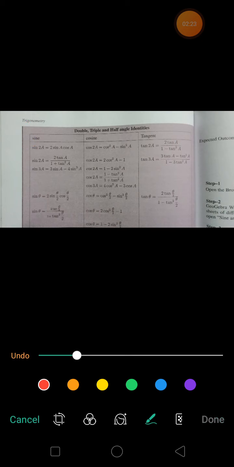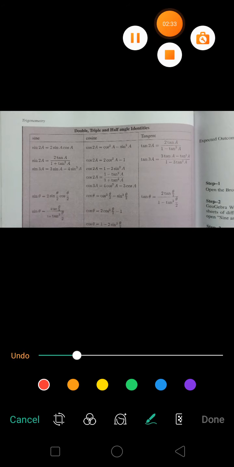Because tan theta I can write as sin theta by cos theta. So opposite side divided by hypotenuse, divided by adjacent divided by hypotenuse. So hypotenuse gets cancelled, and you will get the tan theta value. Sin theta value we know: opposite divided by hypotenuse.